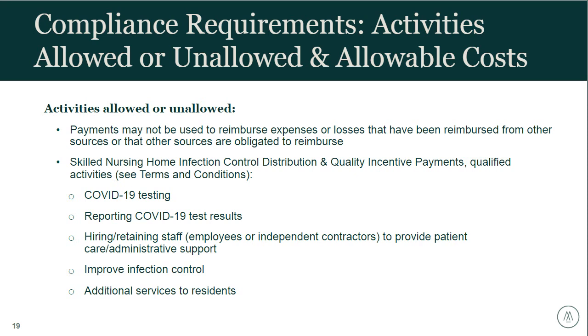And the same with the other sources of funding. If you're getting a PPP loan, FEMA, or other grants, tracking those clearly in a spreadsheet as well, and being able to trace back to cash receipts, et cetera, so it's very clear that you're taking into account all of the other funding sources that should be taken into account, will be critical to ensure that you're able to report these expenses correctly.